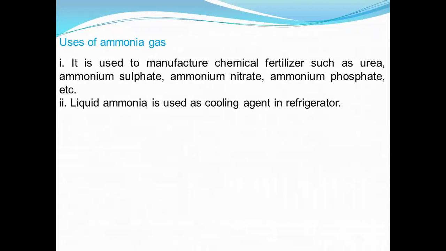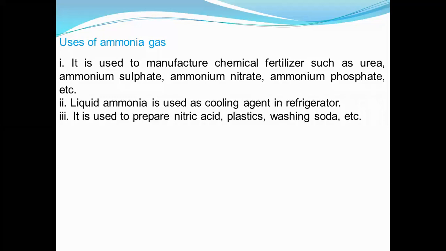Liquid ammonia can be obtained by cooling dry ammonia at about minus 42 degrees C. And liquid ammonia is used as a refrigerant, cooling agent in a refrigerator. It is used to prepare nitric acid, HNO3, because there is ammonia NH3, so that HNO3, nitric acid, plastic, washing soda. Okay, next one.